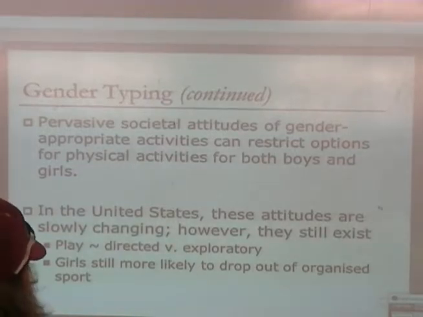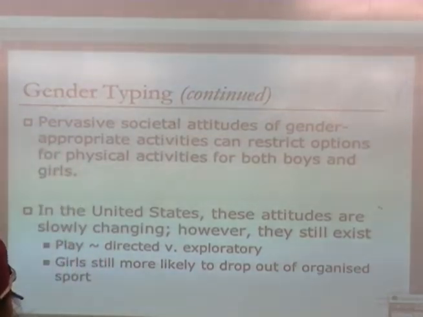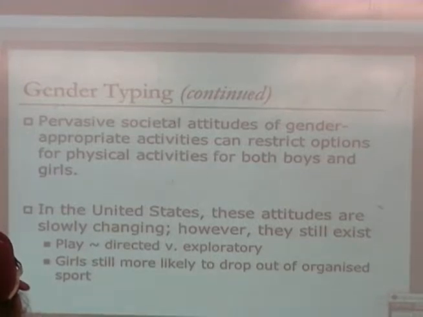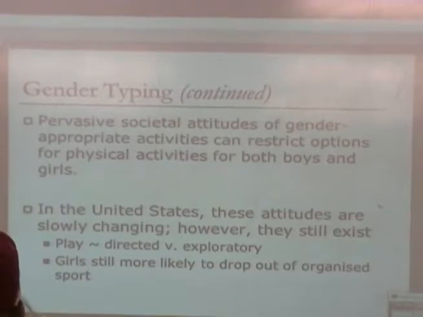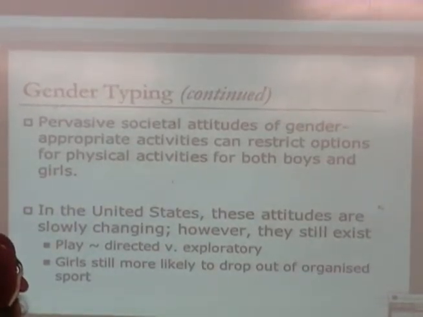Even though she really enjoys climbing the tree, she doesn't want that label attached to her. Right? You've got to be pretty strong-minded to go, oh, I don't care about the label, I'm going to do it anyway. Right? Some of us did, and that's why we're here. Most of us don't, and that's why women are not very active compared to men.